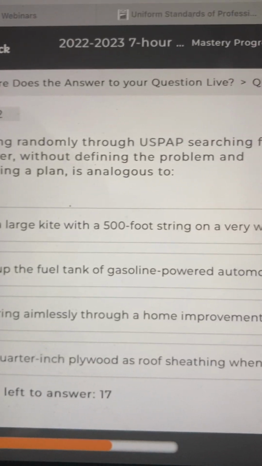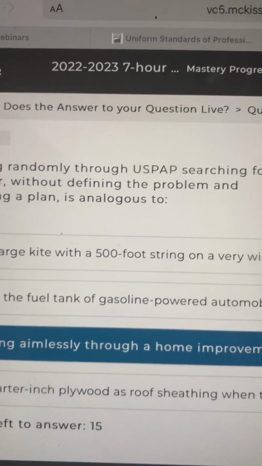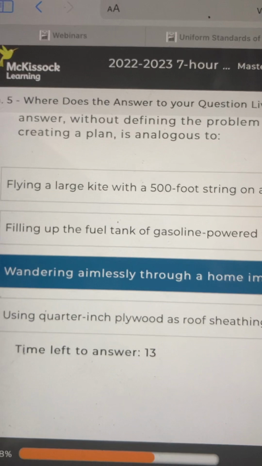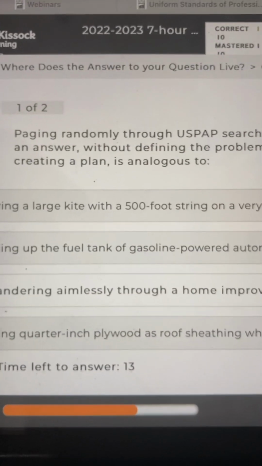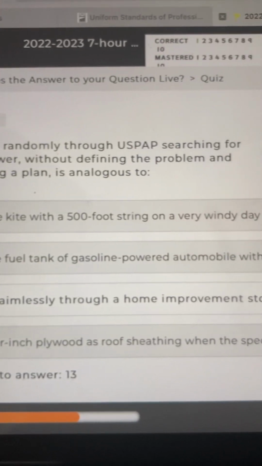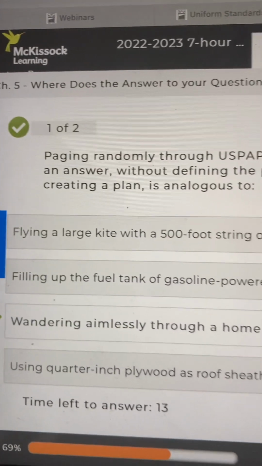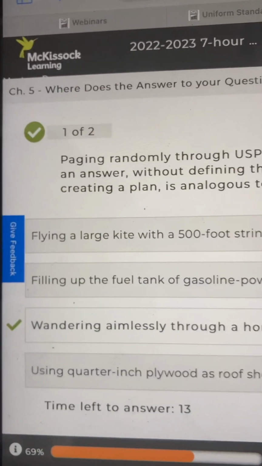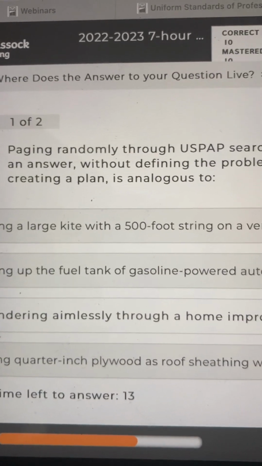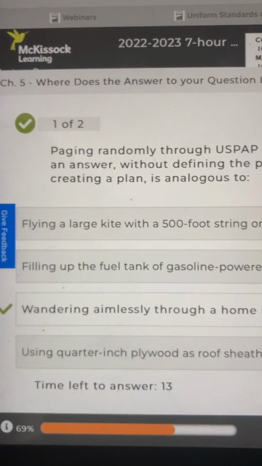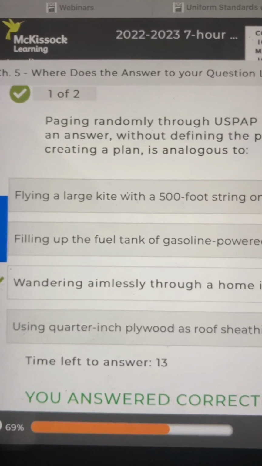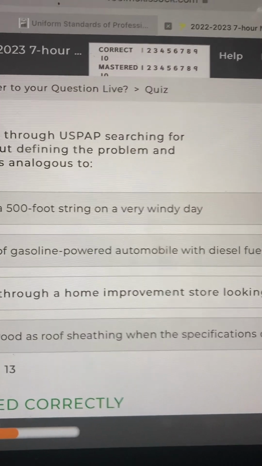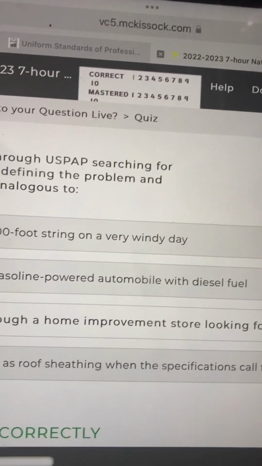C, wandering aimlessly through a home improvement store for one item. Or D, using a 1/4-inch plywood. You got it right. So remember, paging randomly through USPAP, searching for an answer without defining the problem and creating a plan is analogous to wandering aimlessly through a home improvement store looking for one item.